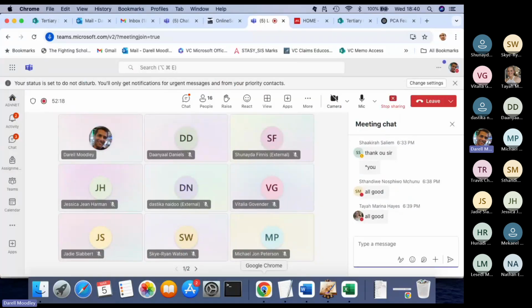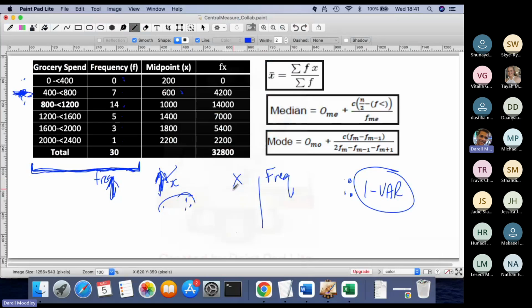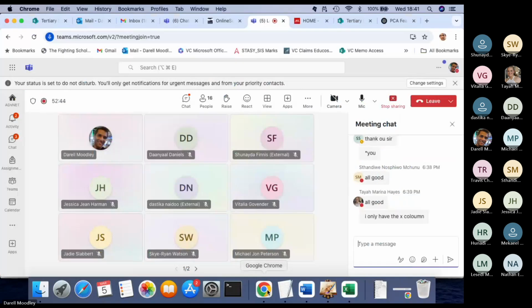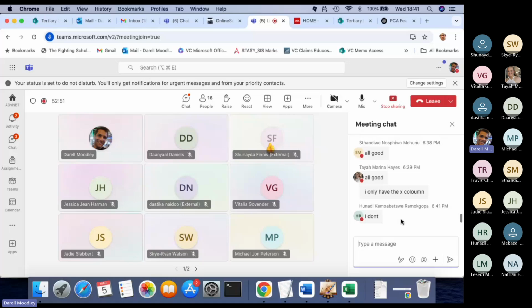Does everyone have the frequency column? Anyone only has the X column? Does everyone see both these columns? Thank you, Tara. Nadi, very good. Okay, thanks. I need this feedback.